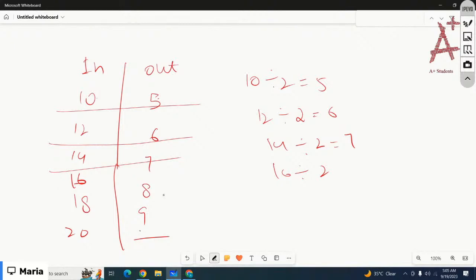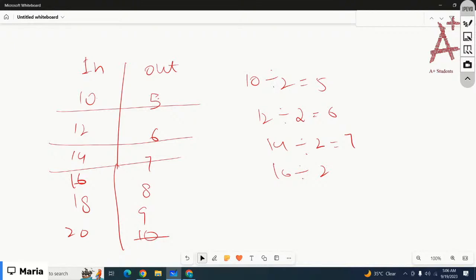And when you divide 20 by 2, that would be 10. So the missing number here is 10, right? That's how you can complete the table of input output values. If you have any question, please ask. I'm here to answer all your questions and confusions if you have any.